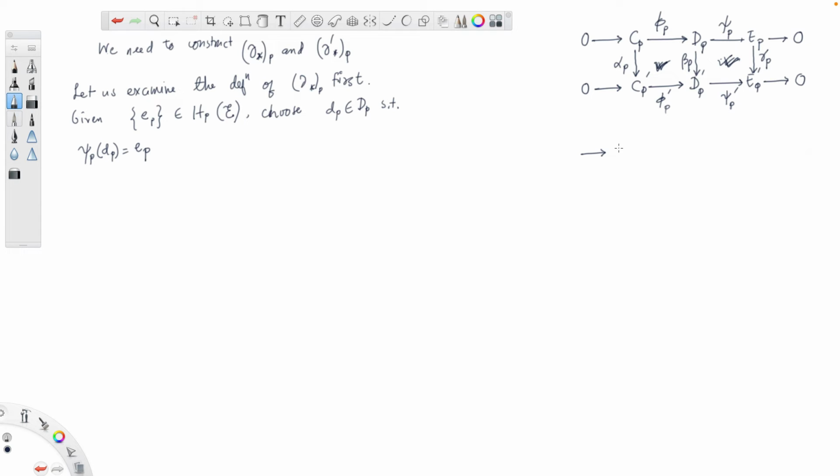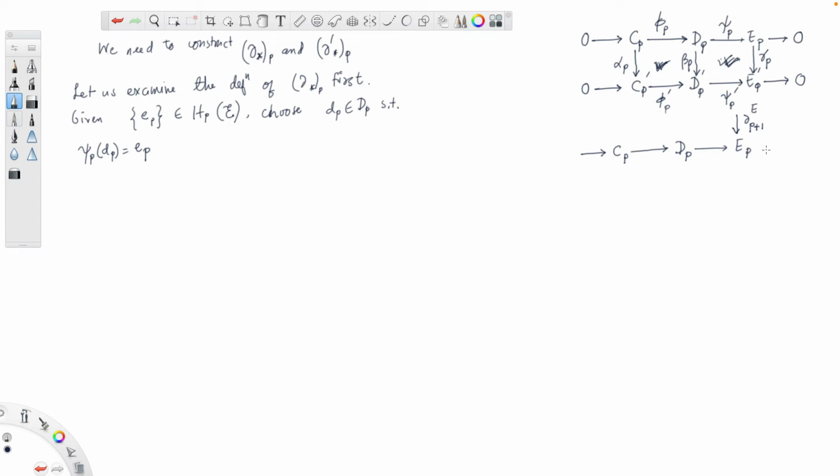So there is this abelian group Cp, and then from Cp to Dp, and then from Dp to Ep. Okay, so there is a map that takes Ep plus 1 to Ep, which is the boundary homomorphism for the chain complex calligraphic E. So we denote that del p plus 1 E. Okay.